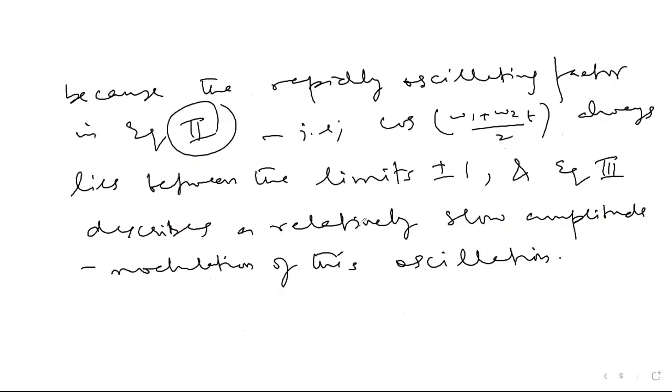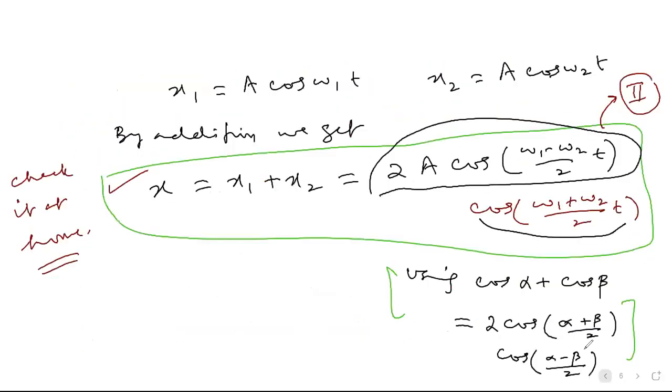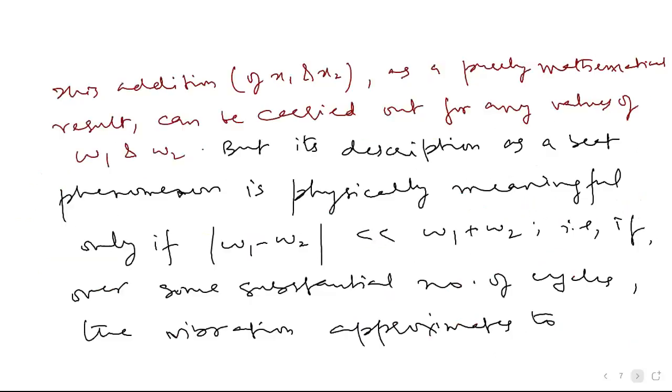When the rapidly oscillating factor, that is cos of (omega 1 plus omega 2)/2 times t, it will always lie between plus 1 and minus 1. So the displacement will then become plus minus 2a cos of (omega 1 minus omega 2)/2 times t. This will lie between plus 1 and minus 1.